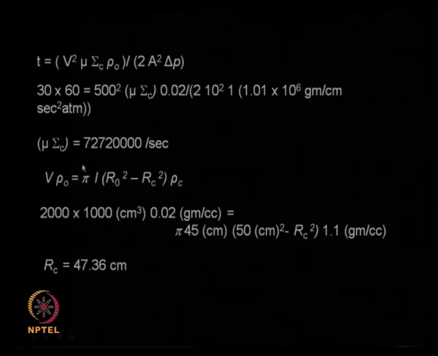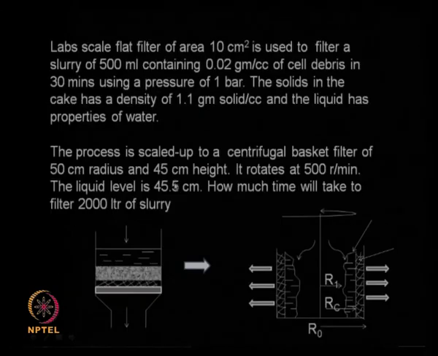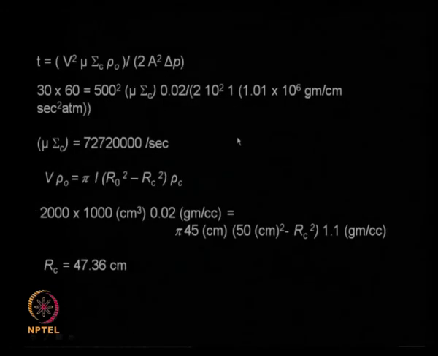So pi into height into area of the cylindrical cake gives you the volume of the cake that forms in the centrifuge, and you are multiplying by the density rho c, which is also given. If you see, the solids in the cake have a density of 1.1 gram per cc, so that is given, so that is what we are going to use here, that is the 1.1 here.